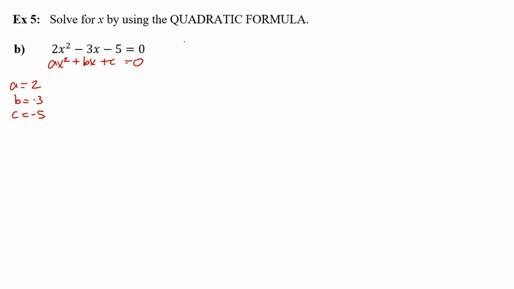So we have x equals negative b, plus or minus the square root of b squared, so that's going to be negative 3 squared, minus 4 times a, which is 2, times c, which is negative 5. And the entire thing is divided by 2a, so 2 times 2.